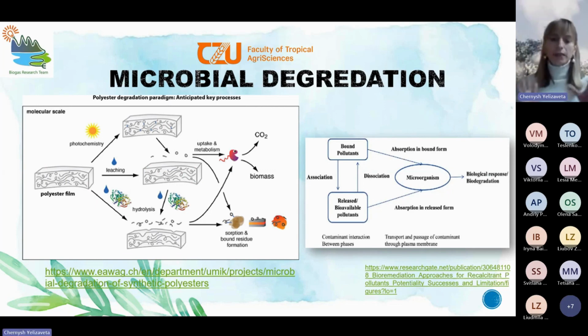And two processes that are very important for the transformation of different types of pollutants are dissociation and acetylation, as they can be reflected in microorganism metabolism for processing absorption in released form and absorption in bound form.